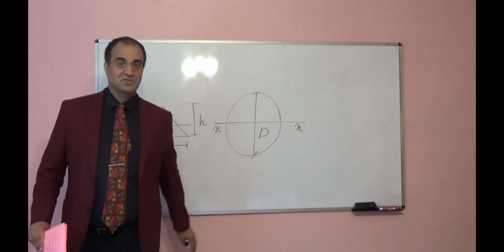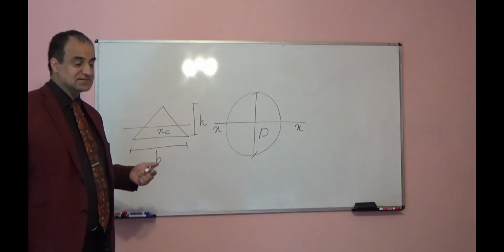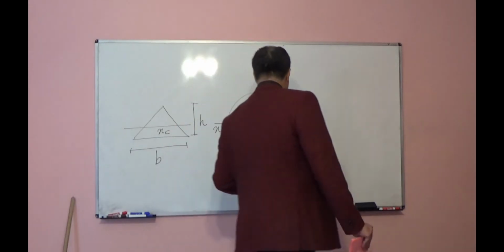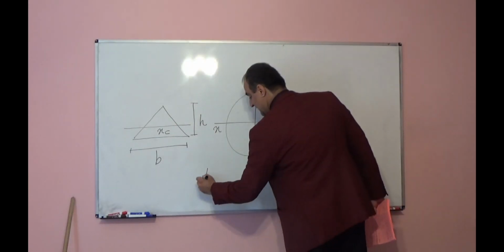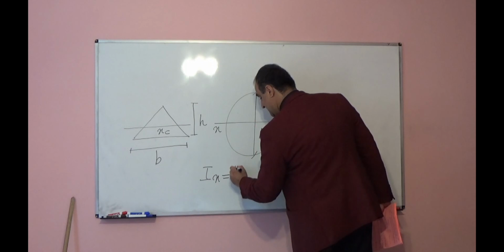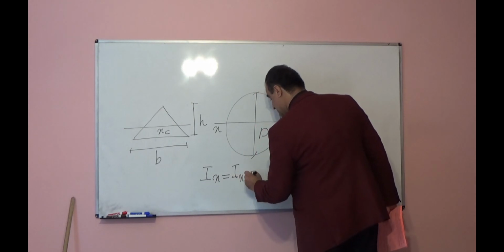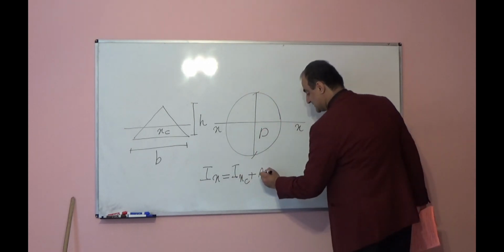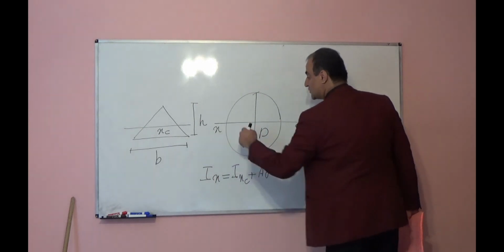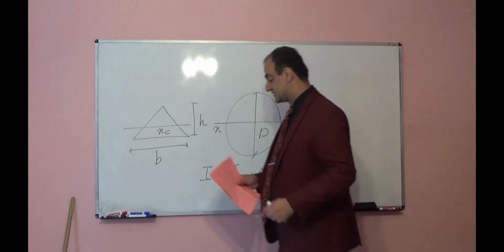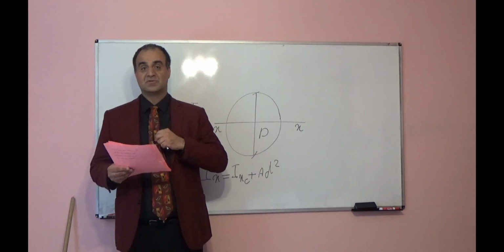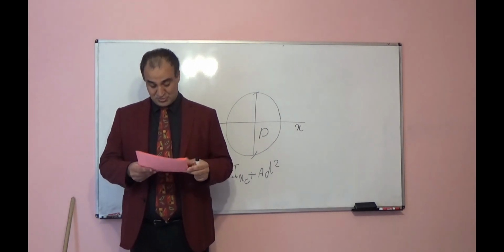Of course, if you find it with respect to these axes, using the parallel axis theorem you can transfer to any other arbitrary axis. But try to calculate this using integration. Of course, I will calculate it and you can compare your solution.